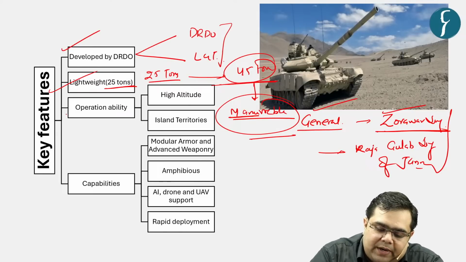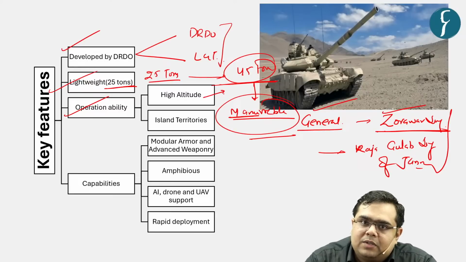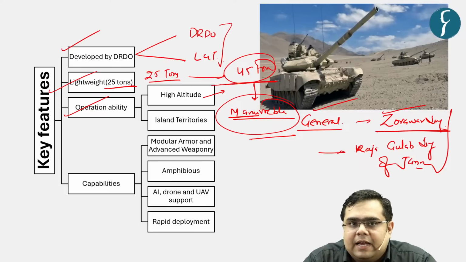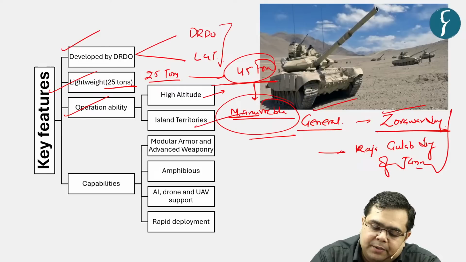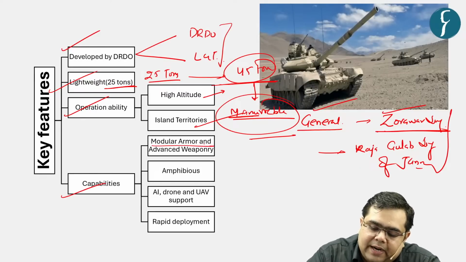Its operational ability is such that it can work even in high altitudes, and because of its smaller size and equivalent capabilities, it can also work in island-based operations. Other capabilities include modular armour and advanced weaponry.